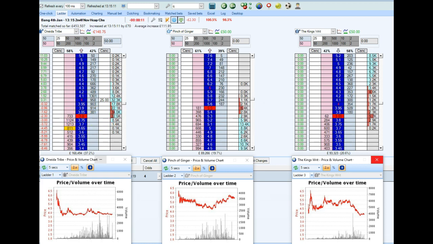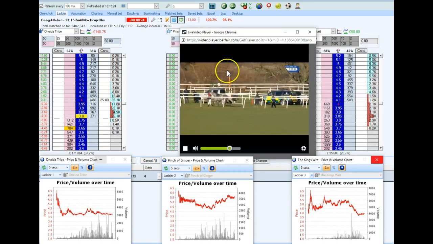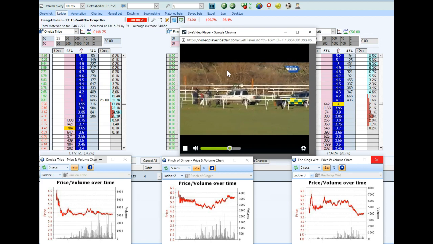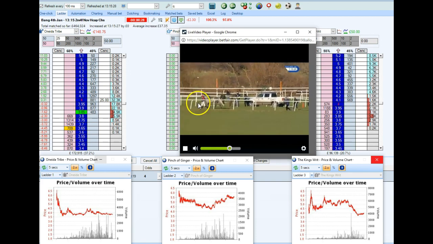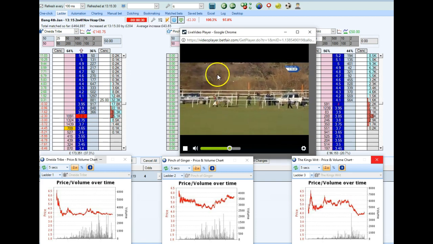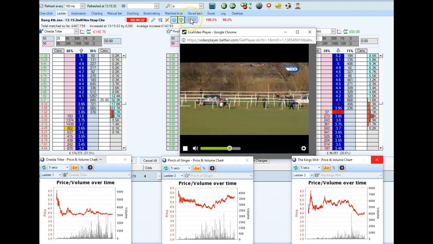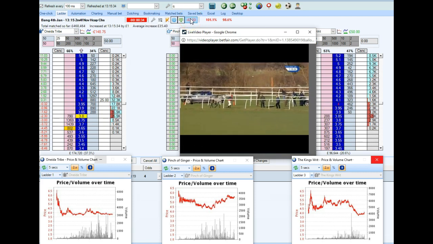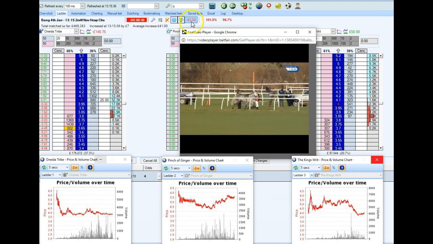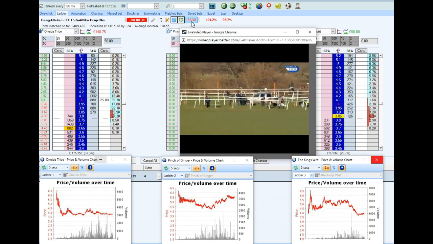But I'm just going to turn the volume on here so I can hear the commentator. But you can see the horses are faffing around here, so I've still got a few minutes to go. But I will hover my mouse over here so I can get out right before the off.